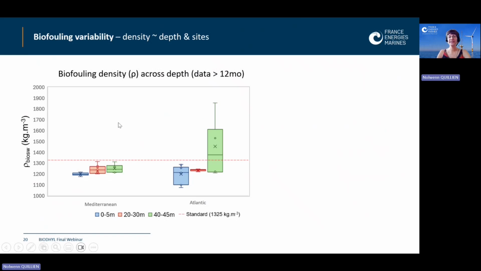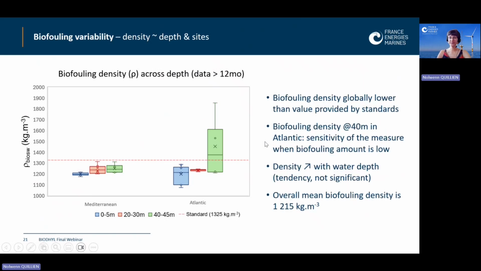And here you can see the mean density box plot of the density in the Mediterranean and the Atlantic according to different depths. In blue, low depths, in red, medium depths, and in green, bigger depths.